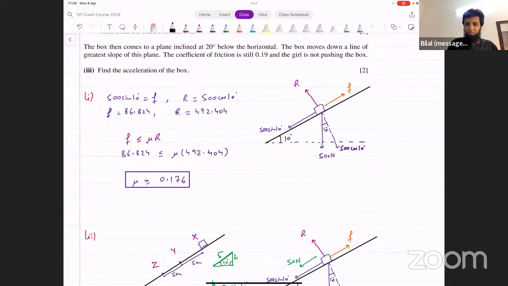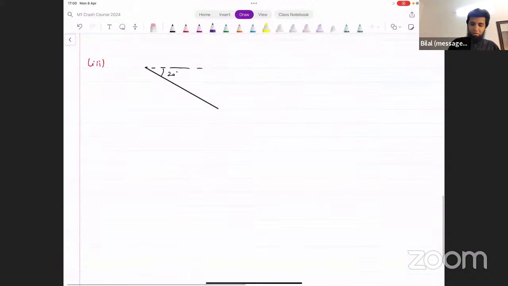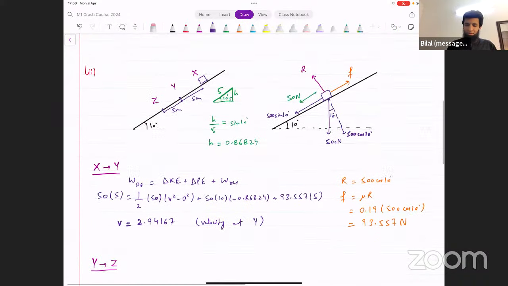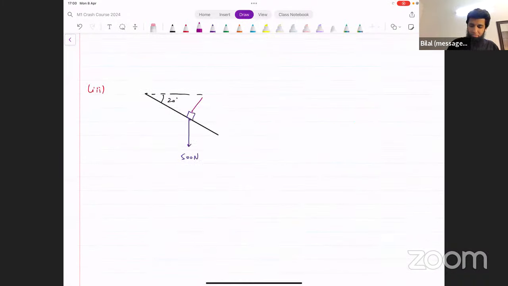Coefficient of friction is still 0.19. Find the acceleration of the block. So now the block is like this. What are the forces acting on the block? We've got weight of the block, that is 500 Newton. We've got reaction. We have friction. Friction is going to oppose the motion. That's in this direction.